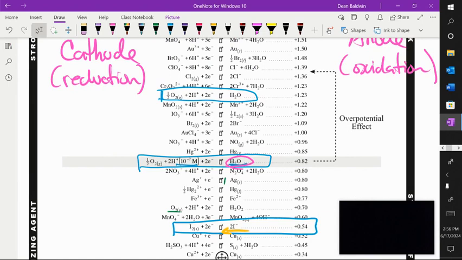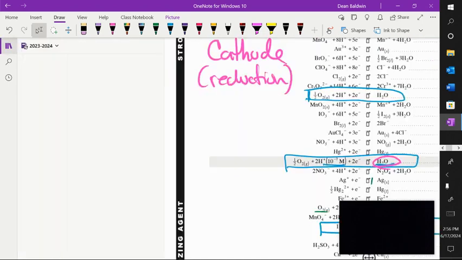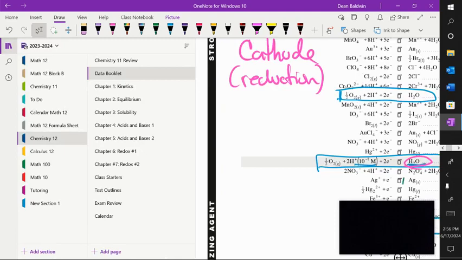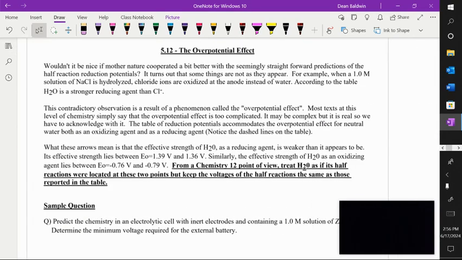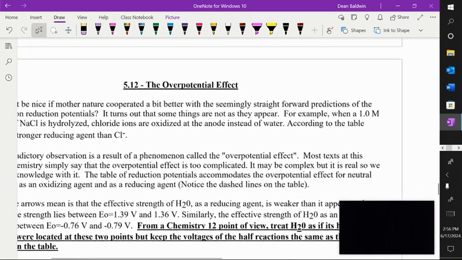Okay? And the reason for that depends on the cell that you're dealing with, but some of the factors are, basically, one of the reasons is bubbles at an electrode. You don't have to write this down. I won't ask you these things, but this is just the background of why this is.